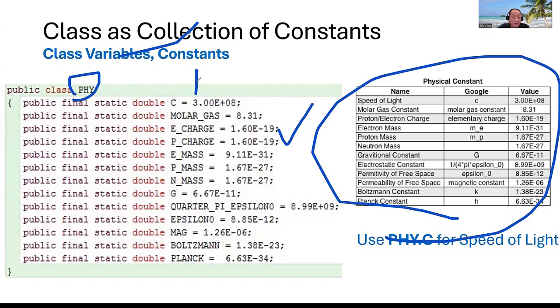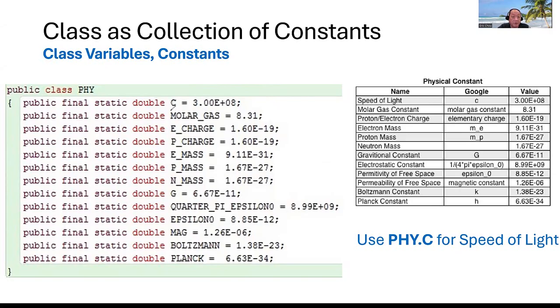The class just uses, for example, phi dash c for the speed of light. You don't do any programming, just provide the constants. When we do physics, there are tons of different constants. You want to have a collection, so you put it into the PHY class.